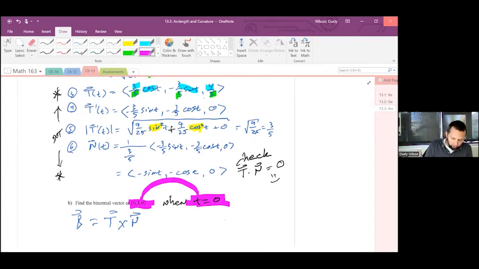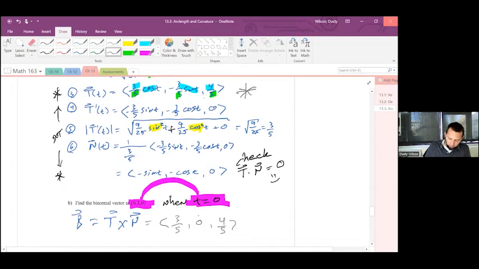So let's figure out how this works. Our tangent vector at 0 would be 3/5 cosine of 0, or 3/5, comma, sine of 0 will be 0, and then I've still got a 4/5 over there.